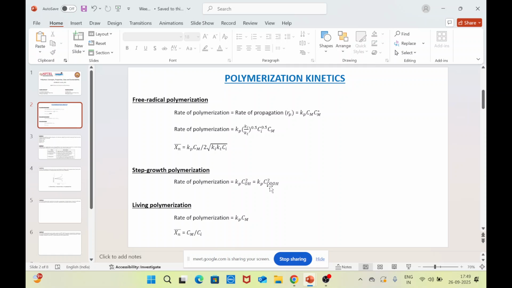Polymers are an excellent example of the non-Newtonian fluid, or those fluids which do not obey Newton's law of viscosity.